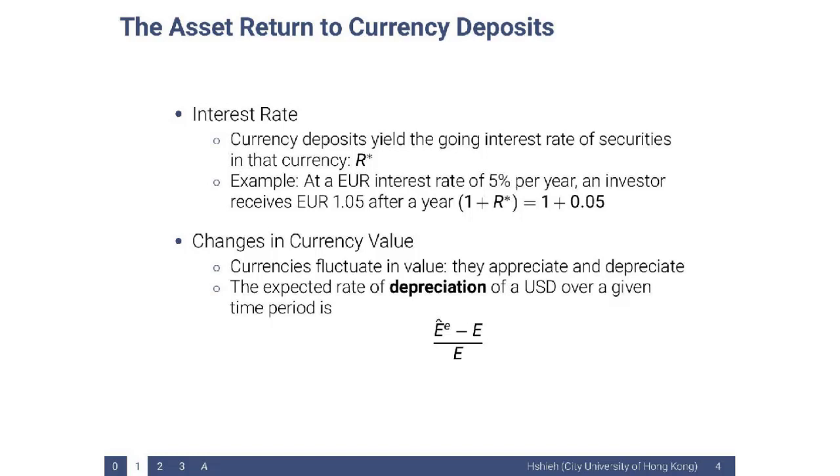So an example is, if you have a euro deposit rate of 5% per year, if you put 1 euro in this deposit, you get a return of 1 plus R star. So 1 is arbitrary. You don't have to put 1. You can put 100. That's what 1 plus R star means when you multiply it. Okay, I think everyone knows how interest rates work.